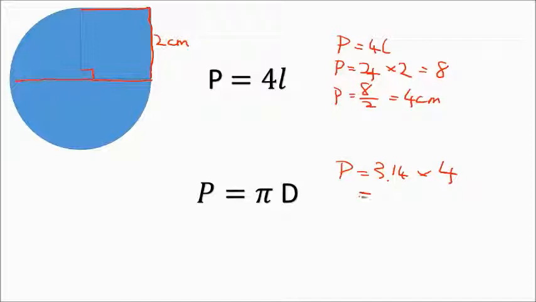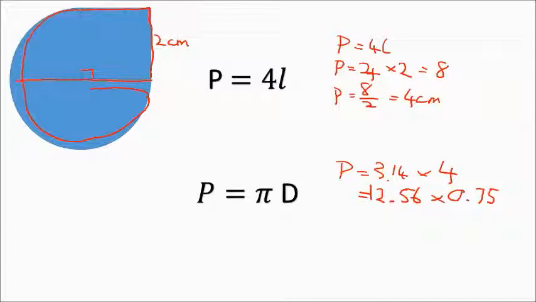So the perimeter of the entire circle is 12.56, but I've only got 3/4 of it. So I'm going to times that by 0.75, which is 3/4. I could divide it by 4 and times it by 3, but I'm going to do this.